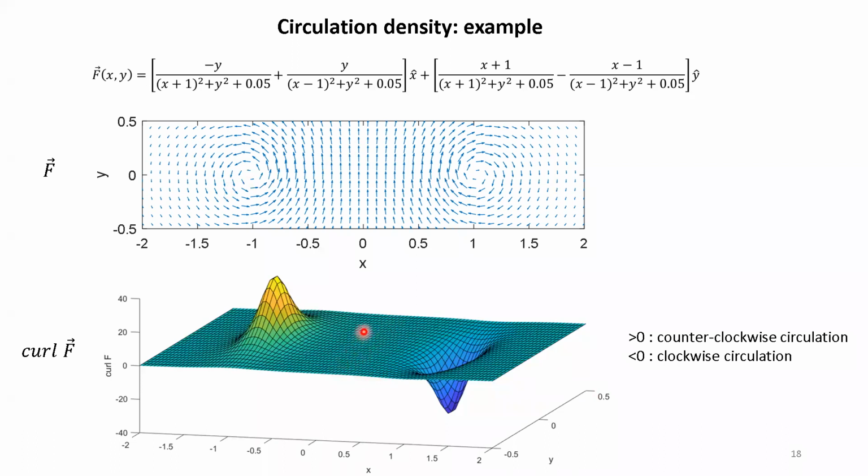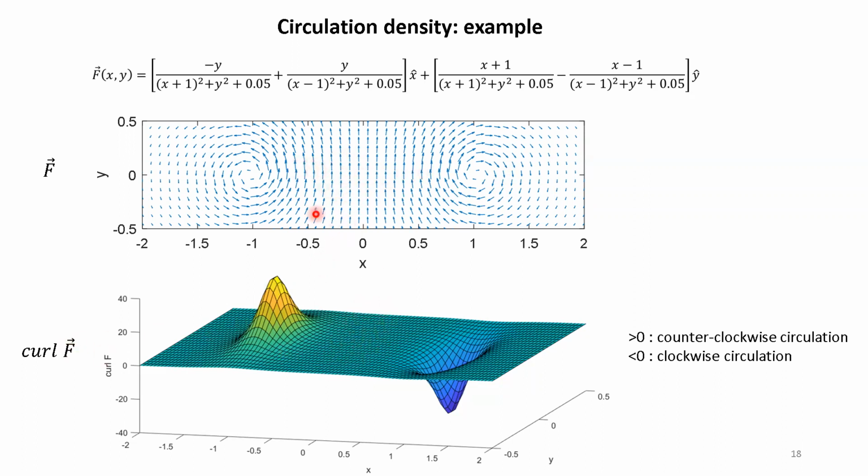That's the region where you can see that the field is kind of uniform, going in one direction. So they are not rotating, they are not circulating. So that's why over here you see that the curl of F is zero.